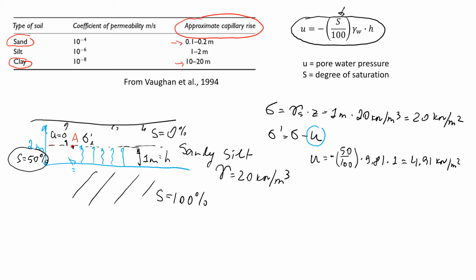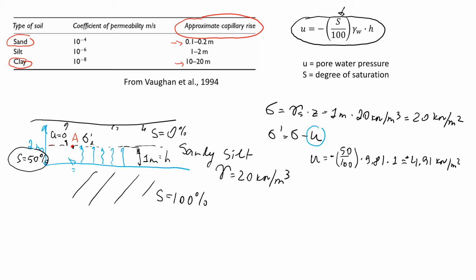And it's negative, which means that it will actually contribute to the overall stability of the soil. It's the opposite of normal pore pressure. We also call it suction. Negative pore pressure is called suction. And suction is pretty good because it will keep soil particles together and increase the strength of the soil.